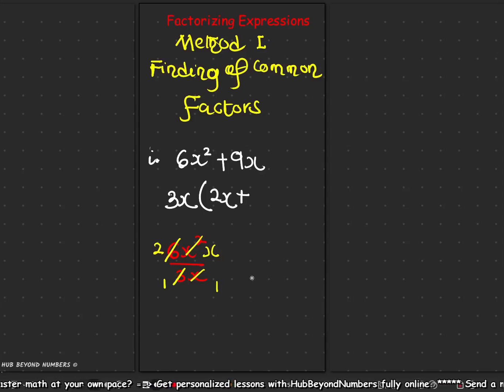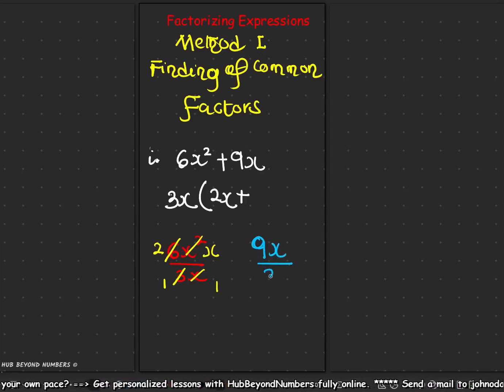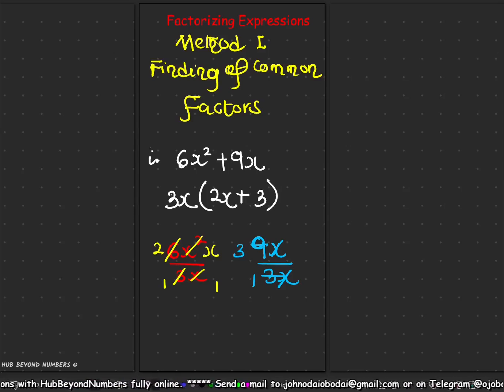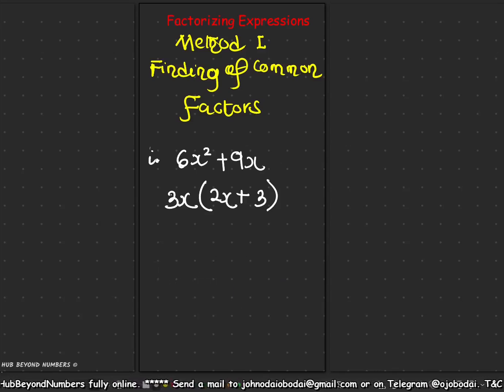Then we go to the next term. In this case, our next term is what? Our 9x. Then we divide once again with what? 3x. So dividing with 3x, as we can see, the x cancels out the x. And 3 divides itself once and divides 9 thrice. So we are going to get plus our 3 over here. Now, this that we have done tells us that if we are to multiply 3x by 2x, we should get this term here.